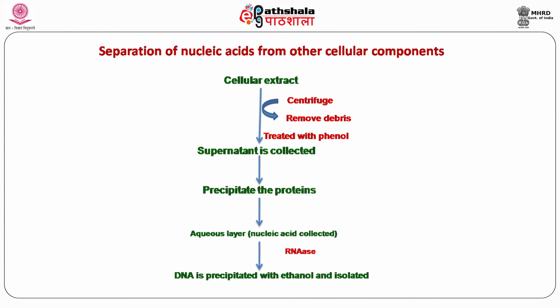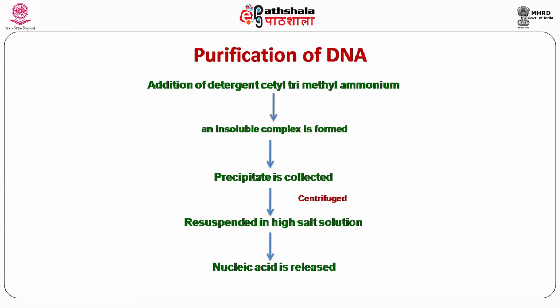So how do you purify this? Basically, there are two methods. In the first method, a detergent called cetyl trimethyl ammonium is added. This forms an insoluble complex. Of course, this is subjected to further centrifugation and the precipitate is collected.